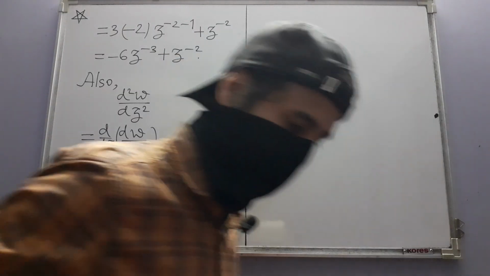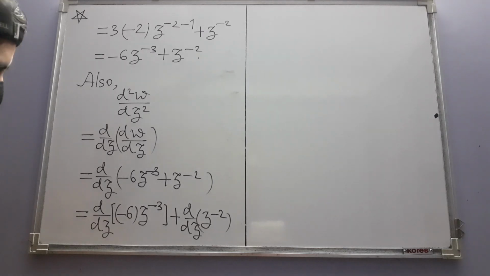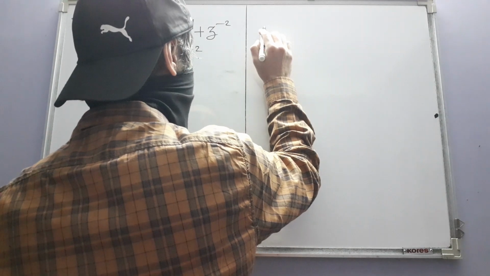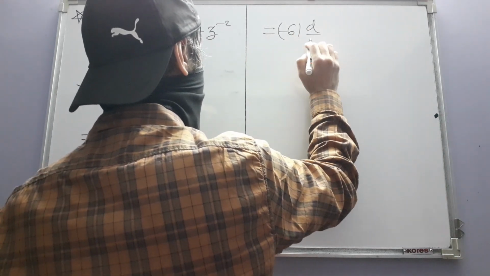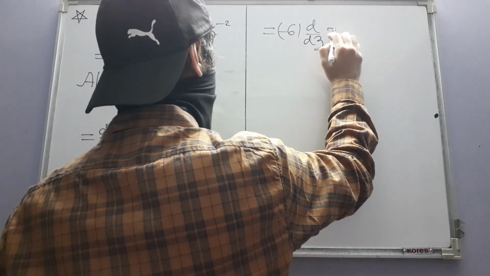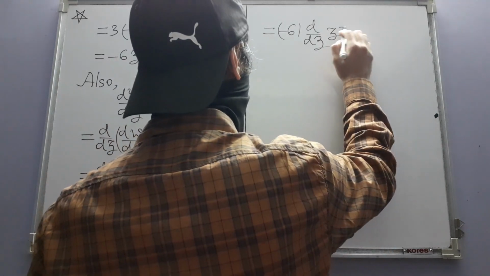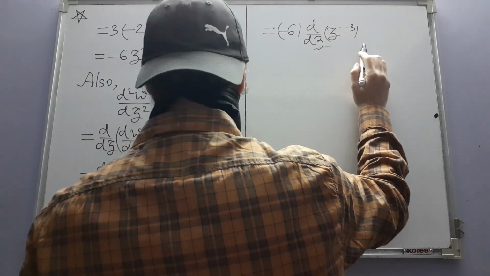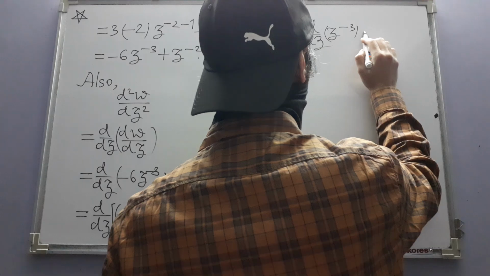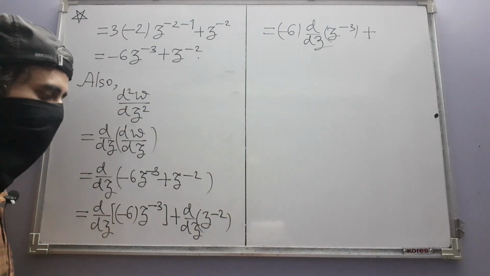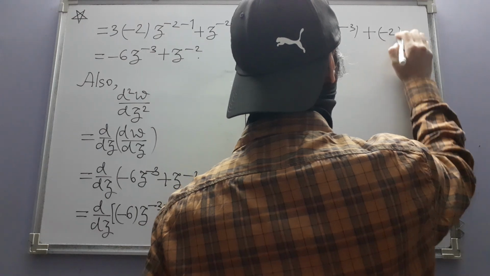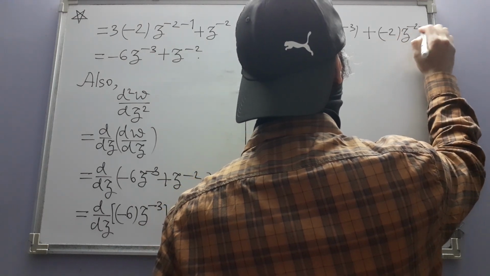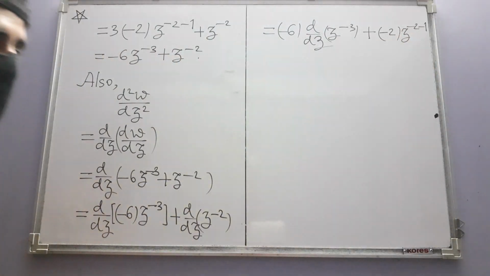Okay, so the constant comes out. Minus 3. What will happen here? We have z to the power minus 2. That means minus 2 times z to the power minus 2 minus 1.